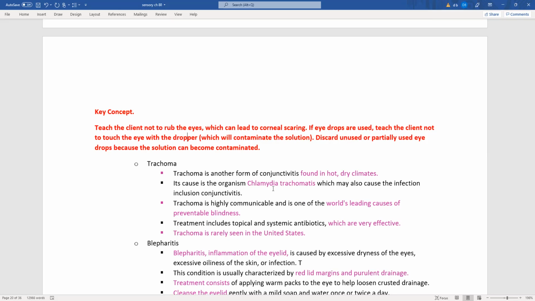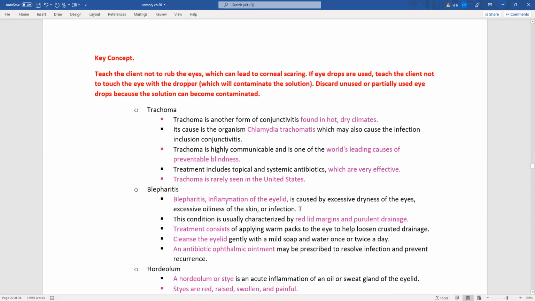Now, blepharitis. You know what I'm talking about, this word right here. It's inflammation of the eyelid. It's caused by excessive dryness of the eyes, excessive oiliness of the skin, or infection. This condition is usually characterized by red lid margins and purulent drainage, so that's pus.